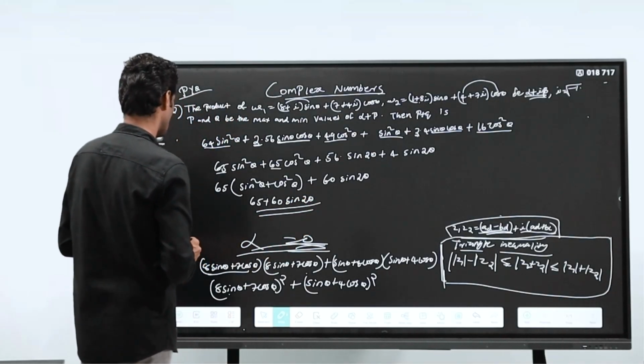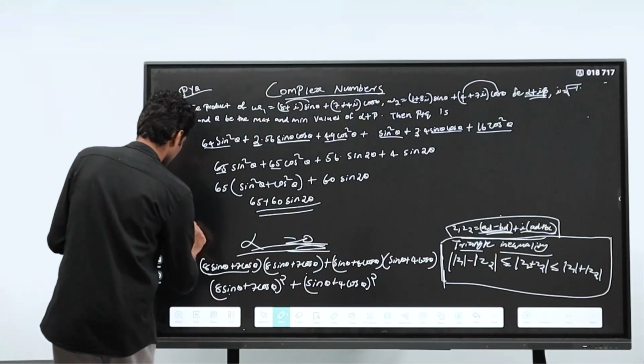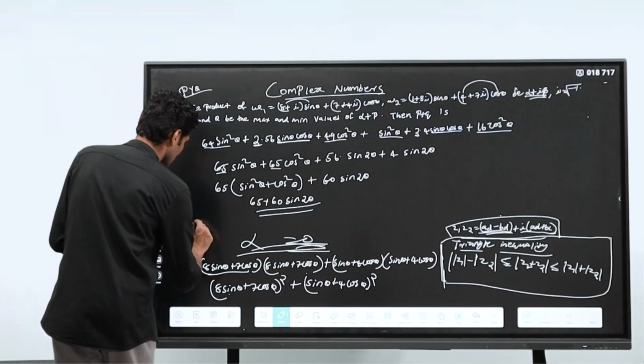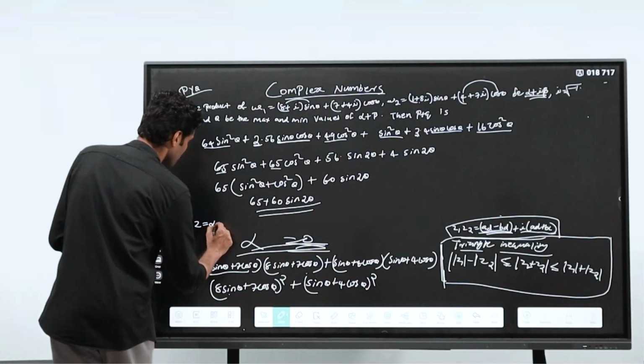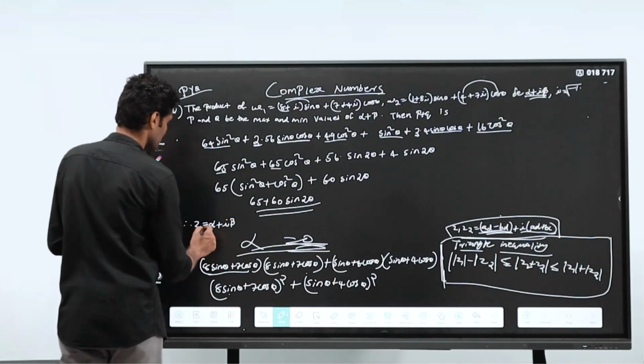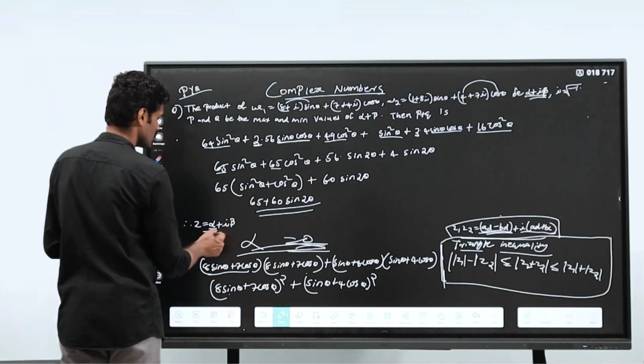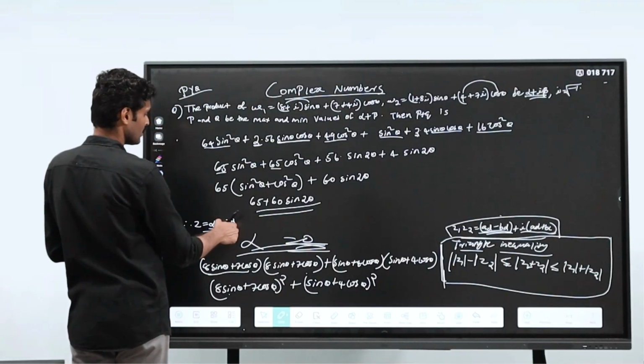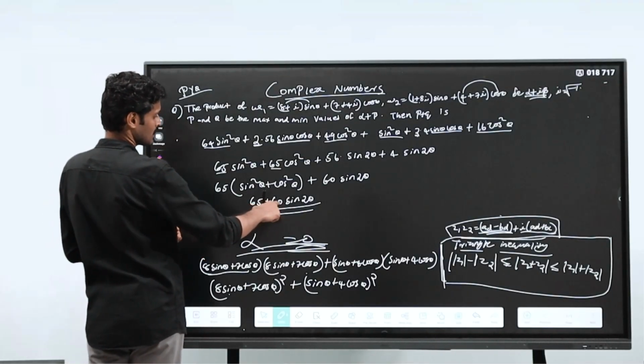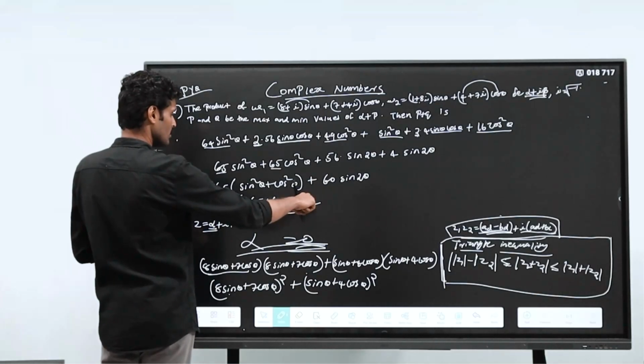So our complex number z equals alpha plus i beta. Here alpha is 0, beta is 65 plus 60 sine 2 theta.